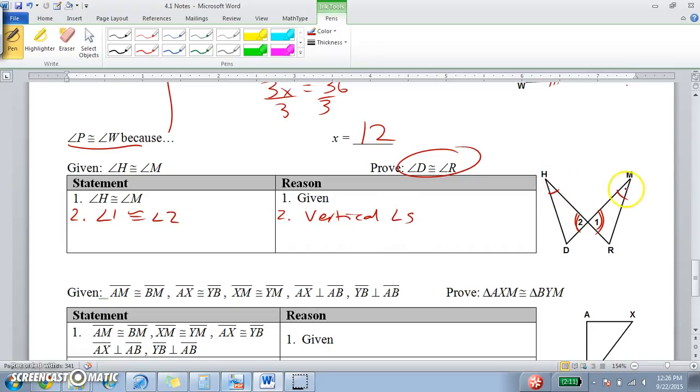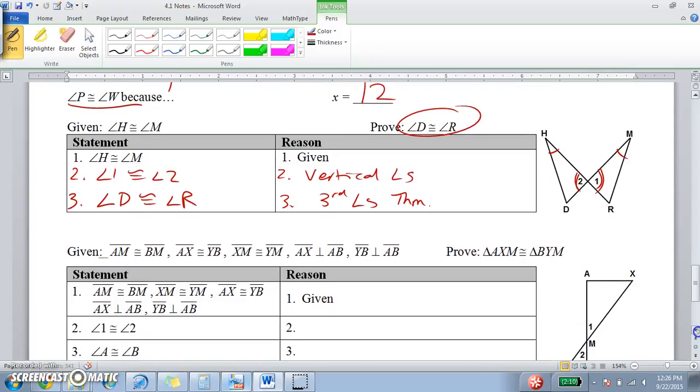Well, now I've got two pairs of angles that are congruent to each other, so angle D and angle R are the third angles in both of those triangles. So third angles theorem says that I can say those two are congruent to each other. Since I've already got two pairs in this triangle and this triangle that are congruent to each other, these two are automatically congruent. That's what the third angles theorem says.